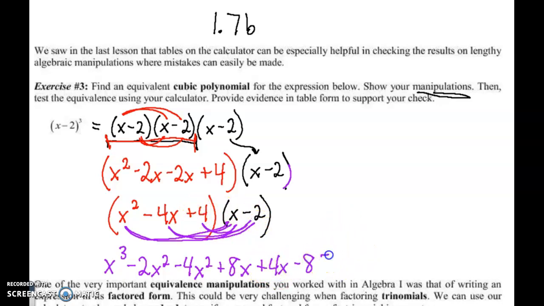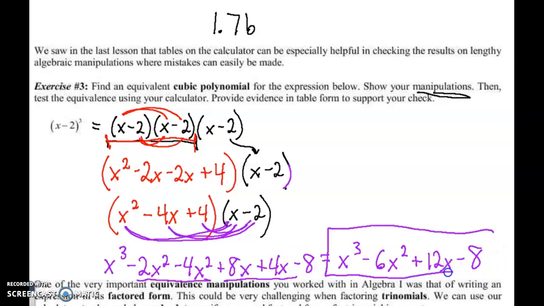Now, you probably want to clean this up, because, well, we can't clean up x cubed, but we do have like terms right here. That's -6x squared. We have like terms here. 8x plus 4x is 12x. And then that -8 we can't do anything with. So here's my hypothesis for you.